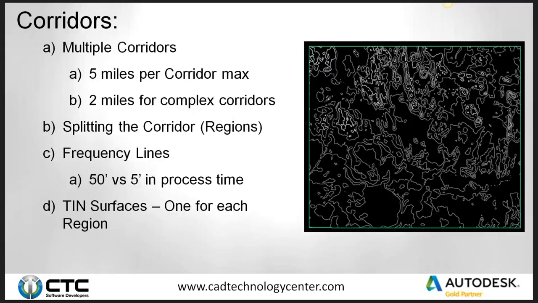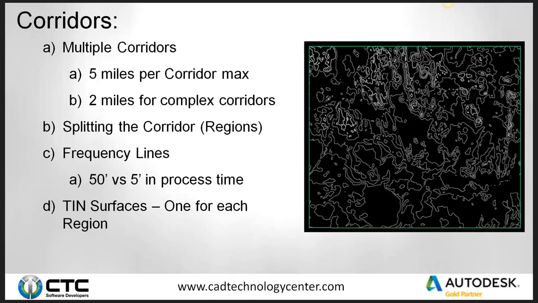Other things that you can do in Civil 3D, deal with corridors. Use multiple corridors. Some people will say 5 miles max on a corridor. Good rule of thumb, if you're just using a simple lane, curb, daylight assembly, yeah, 5 miles works great.